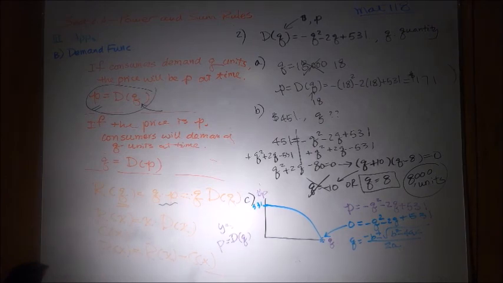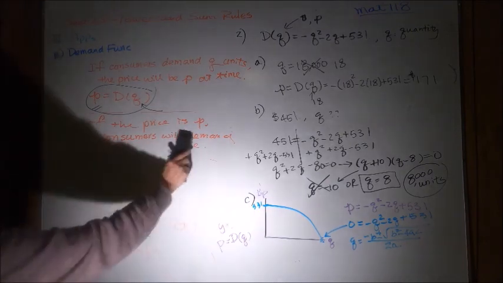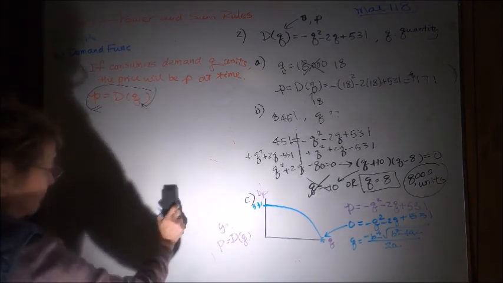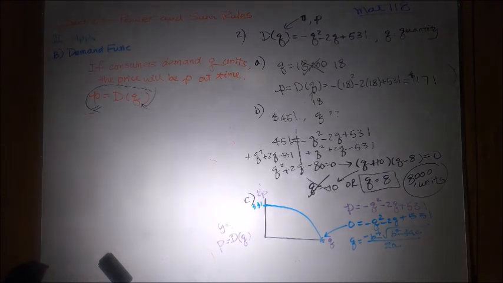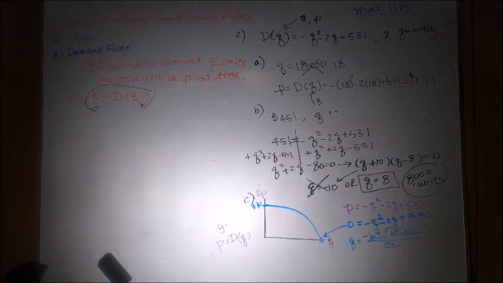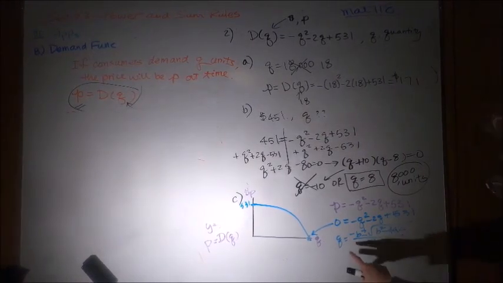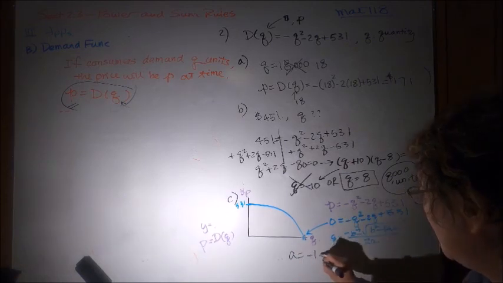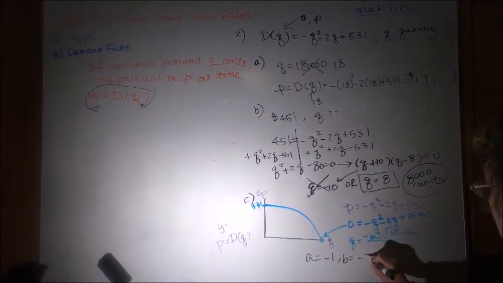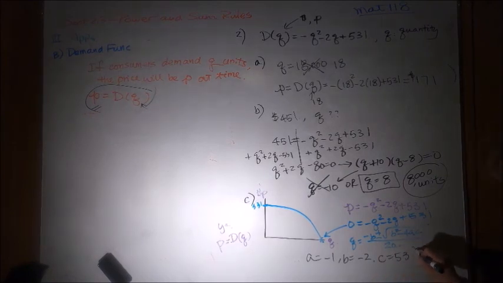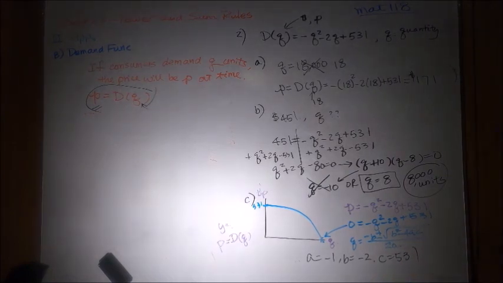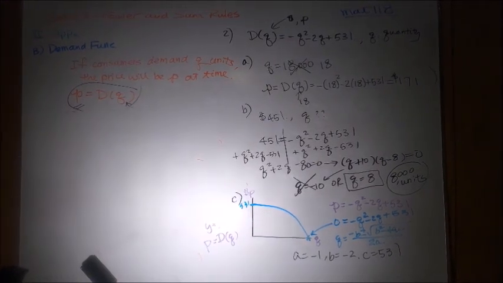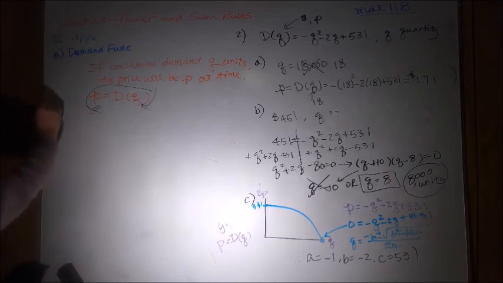So we are just doing the analysis for the problem we have. So we plug in: A is -1, B is -2, C is 531. So we just solve the quadratic equation.